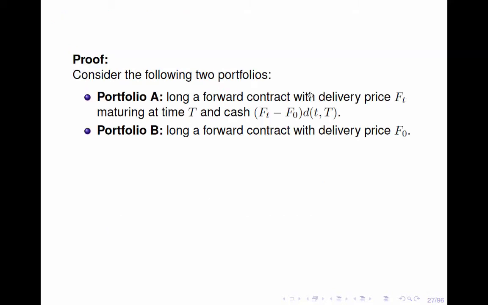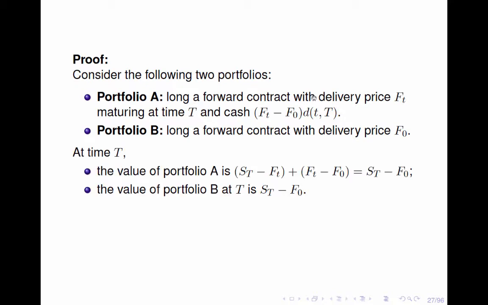To prove this formula, let's construct two portfolios. Portfolio A holds a long position of a forward contract with delivery price Ft maturing at time T, and a cash amount of (Ft − F0) times the discount factor from t to T. And portfolio B holds a long position of a forward contract with delivery price F0 maturing also at time T. Then at maturity, the value of portfolio A consists of two parts.